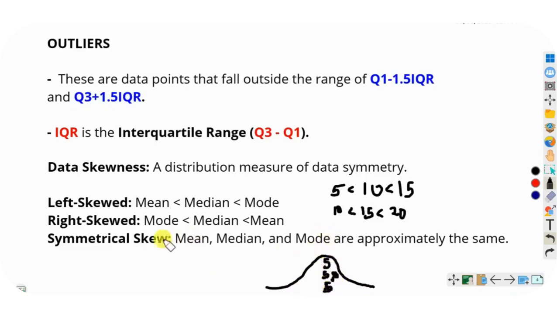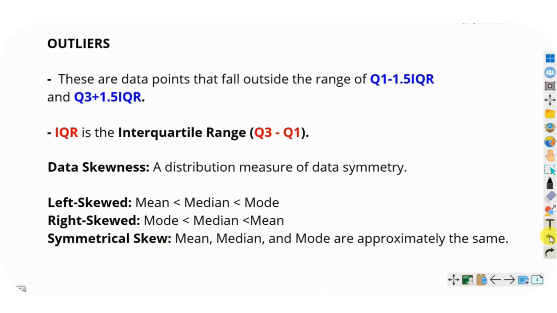Okay, so that is what we call symmetrical skew, right? So you need to understand that, because sometimes they will ask, is the data left skewed, right skewed, or symmetrical? You need to look at those values and then do the comparison.